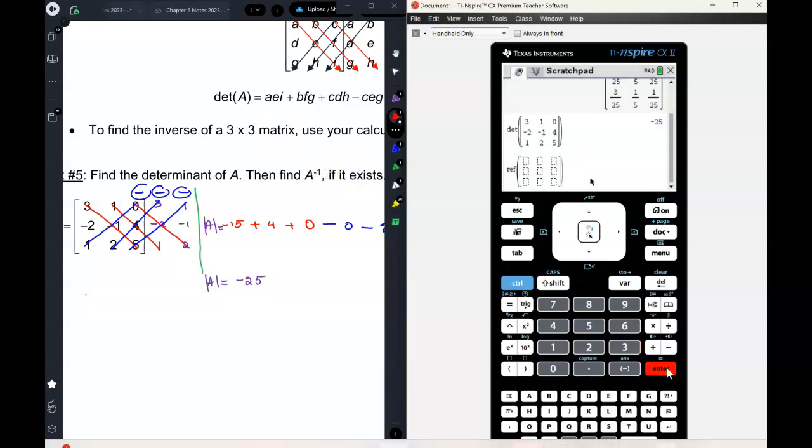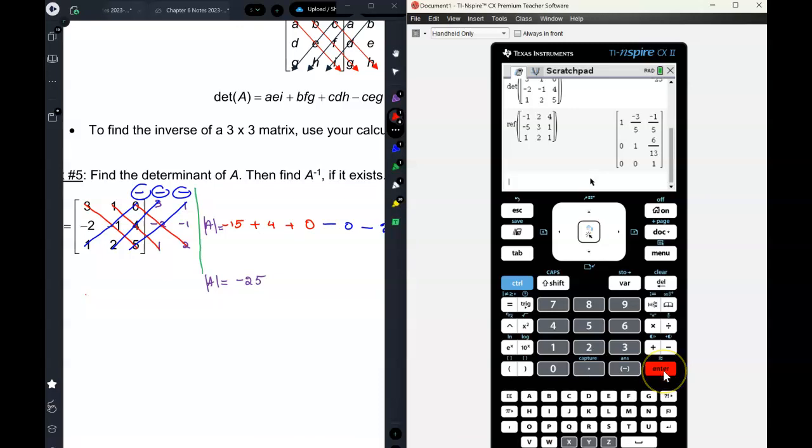Row echelon form. Okay, so let's see. I'm just going to put random numbers in here. -1, 2, 4, -5, I don't know, 3, 1, 1, 2, 1. There it is in row echelon form.